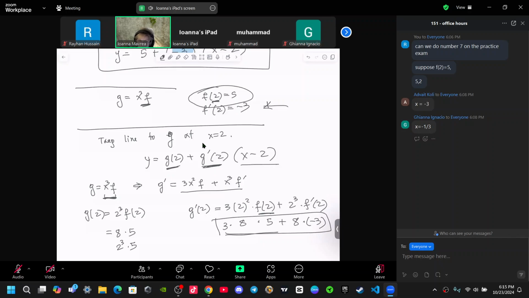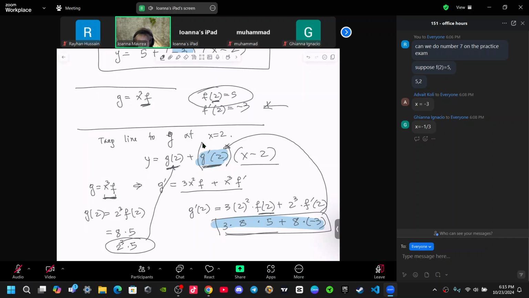So this is the number that goes here. Again, I wouldn't bother multiplying, wouldn't bother adding, because if you make a mistake, that will be graded. I'll just go ahead and write the whole thing here. Or say, oh, by the way, this goes here. That's fine. Okay. And then what's g of 2? That goes right there. And you have it.